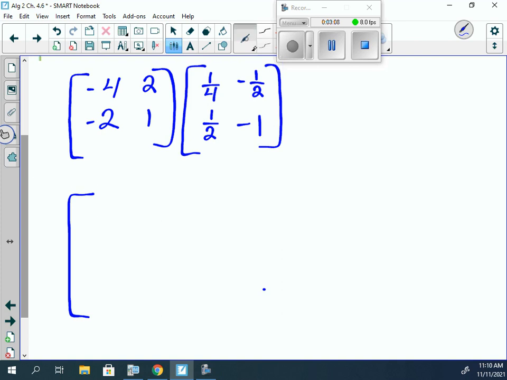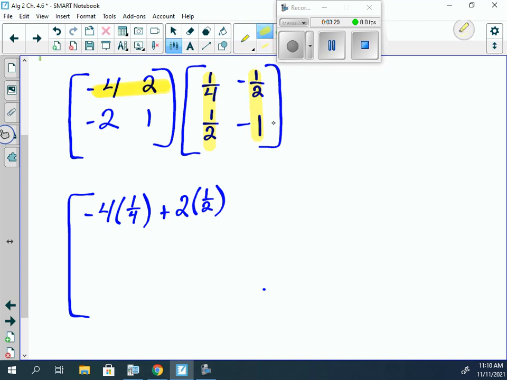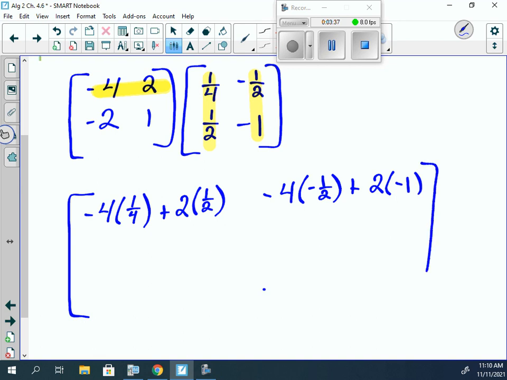So our first over and down are going to be these here. So we're going to have negative 4 times 1/4 plus 2 times 1/2. We'll do the same thing again. We'll go over and down for our next one, which will be negative 4 times negative 1/2 plus 2 times negative 1.